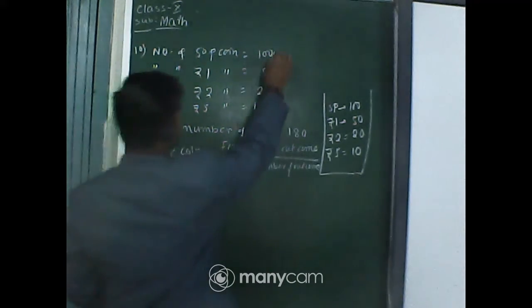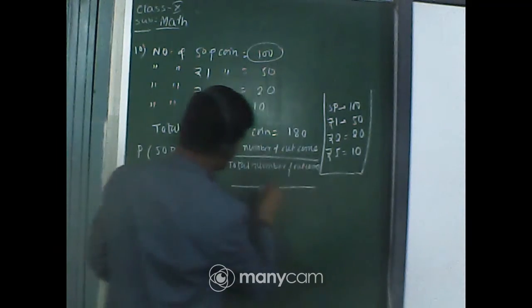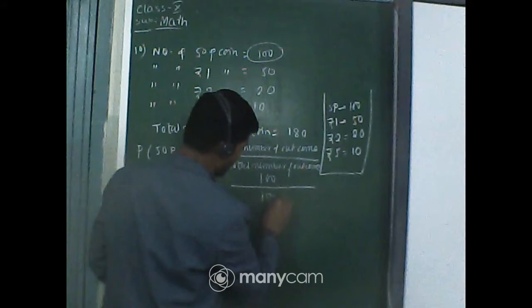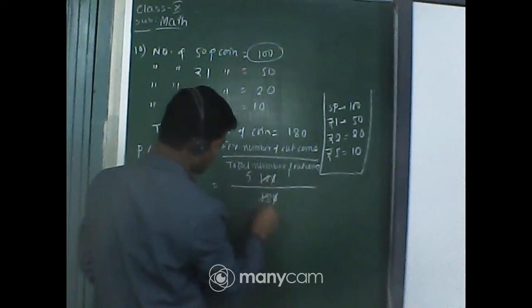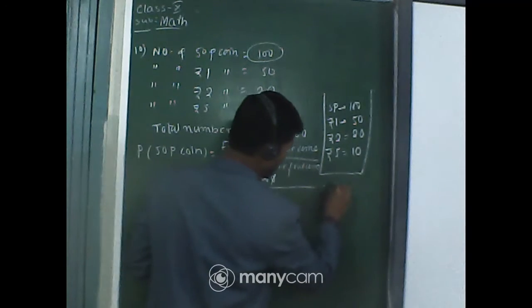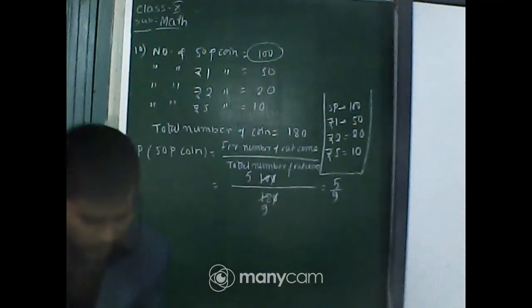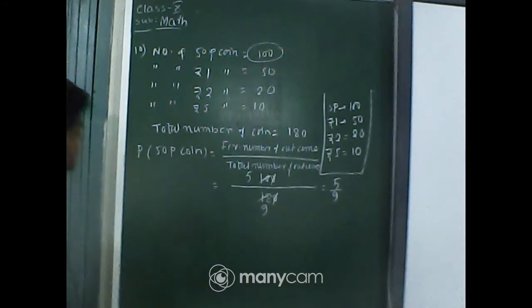Look, there are 100 50 paisa coins. So favorable number of outcome is 100 divided by total number of outcome 180. So 2 5s are 10, 2 9s are 18. So that is 5 by 9.